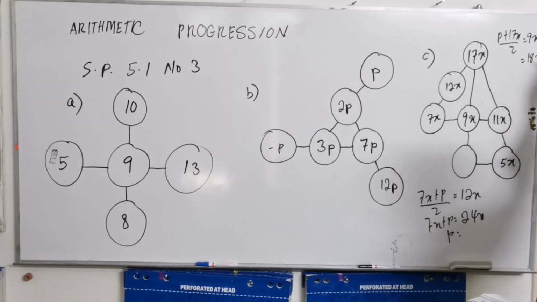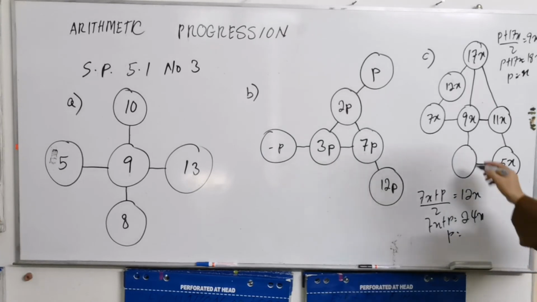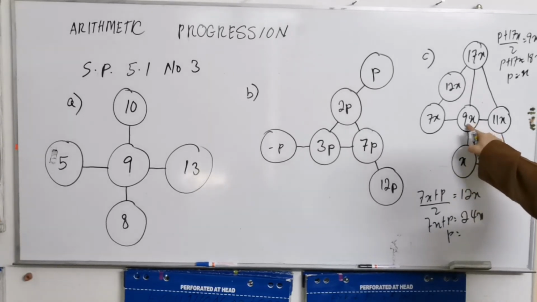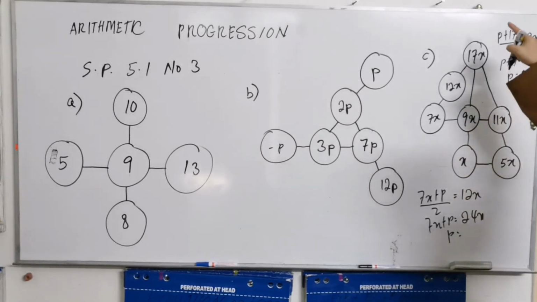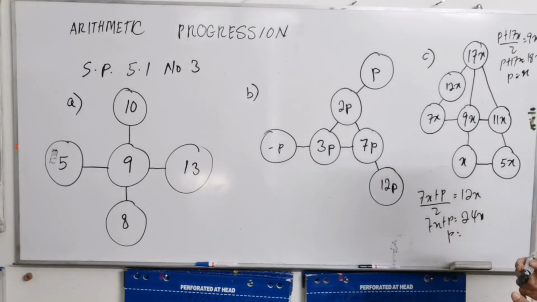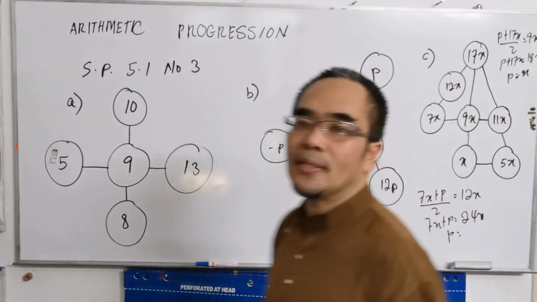So p plus 17x equals 18x, so p will be 1x. So x plus 8x, you get 9x. 9x plus 8x, you get 17x. Okay, we completed our network.